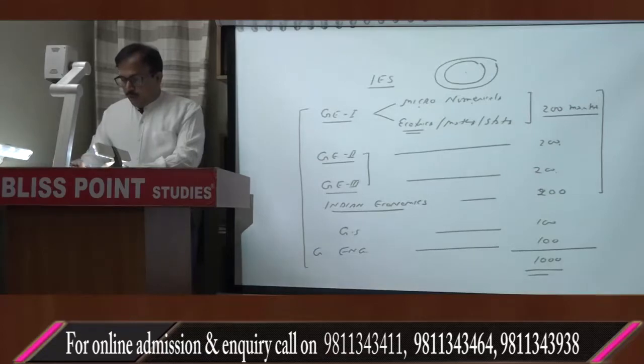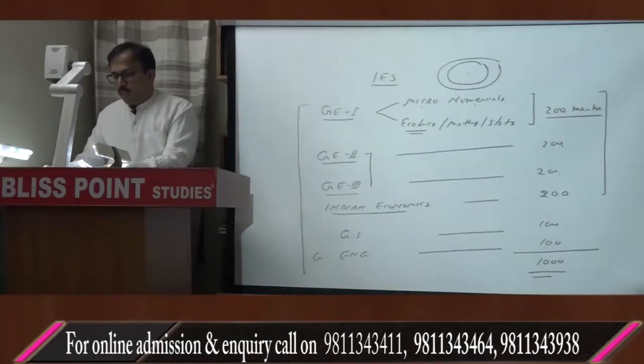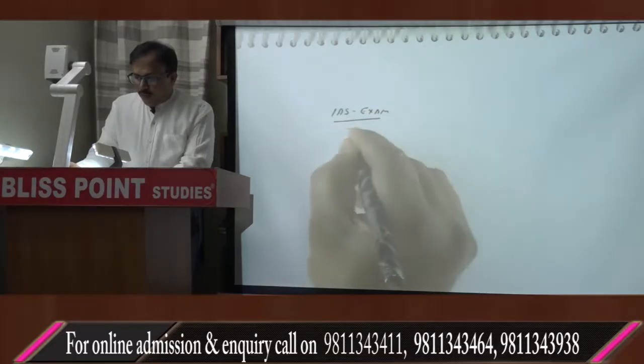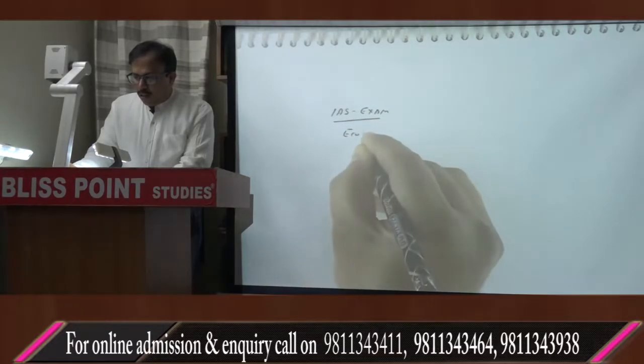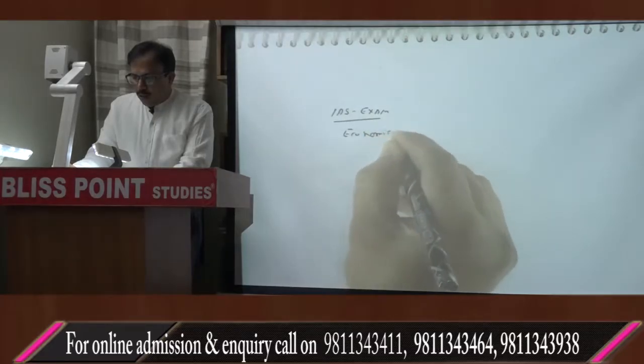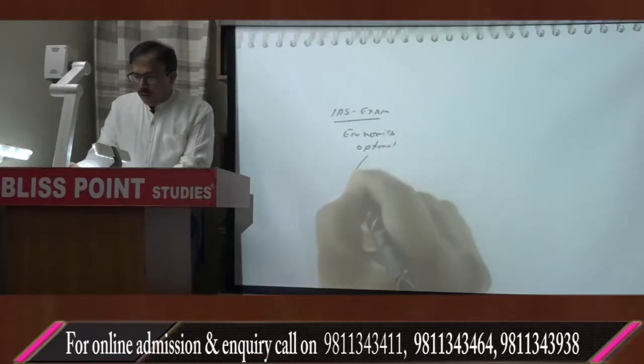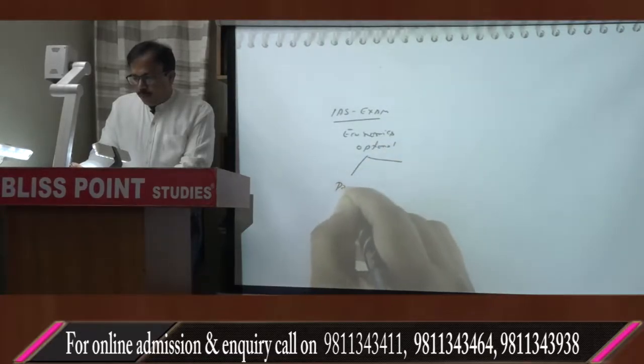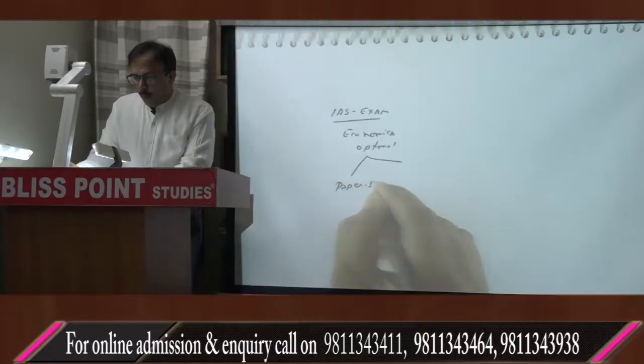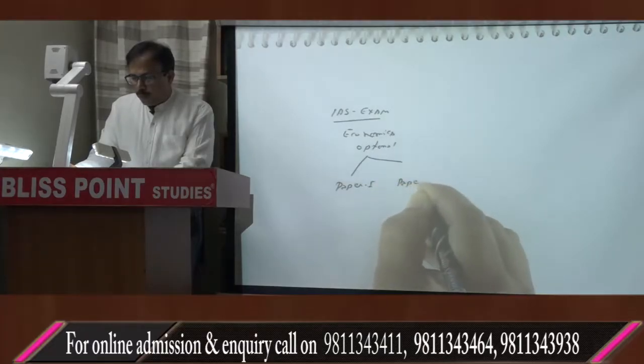So when we are comparing the Indian Economic Service course and the economics optional of IAS, remember, in the IAS exam economics optional, there will be two papers, paper 1 and paper 2.